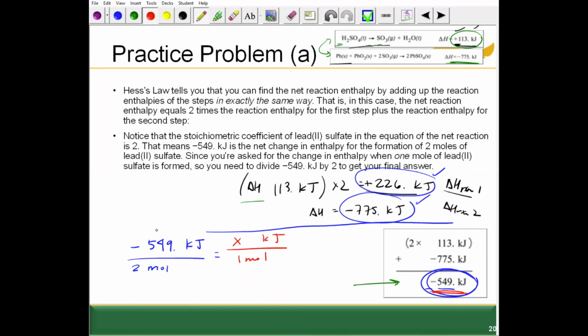We could also notice that we should just divide this value by 2, which is what we're going to end up doing. Technically, we would take negative 549 times 1 is equal to 2 times x. That means we need to divide this by 2 to get this on a per 1 mole basis.